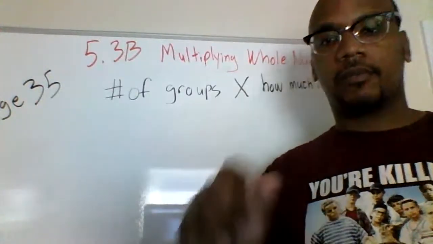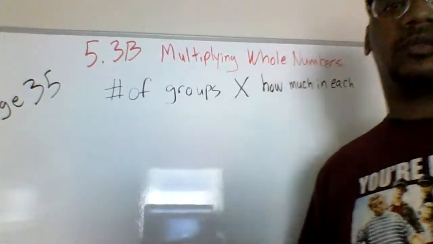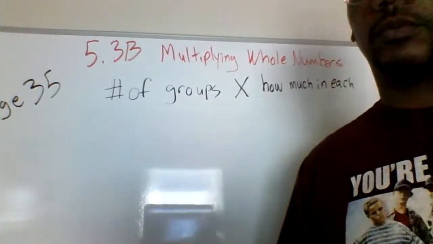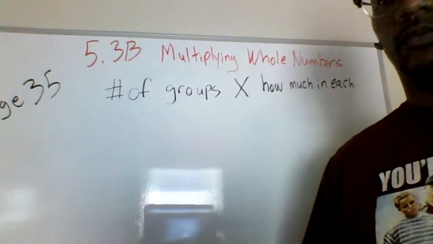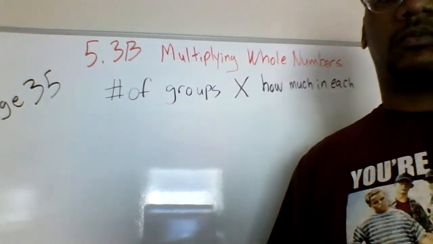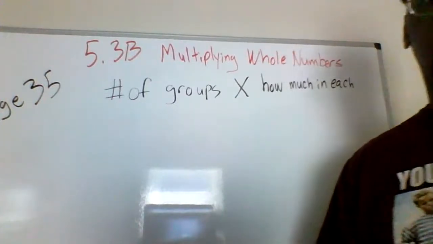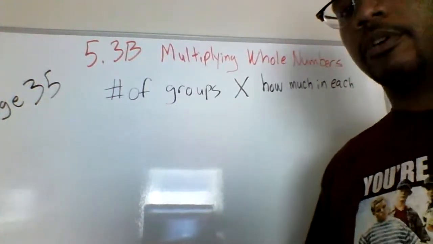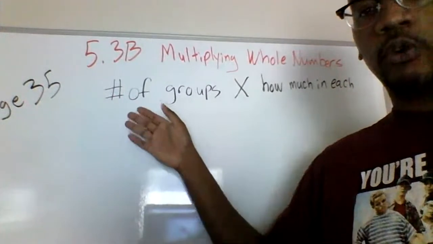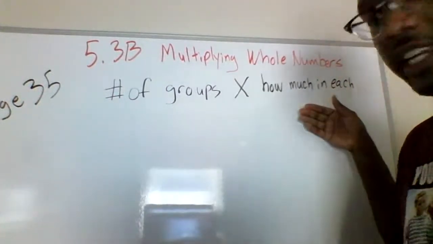Type it in. Again, one of the numbers is going to be number of groups, and the other one is going to be how much is in each one.